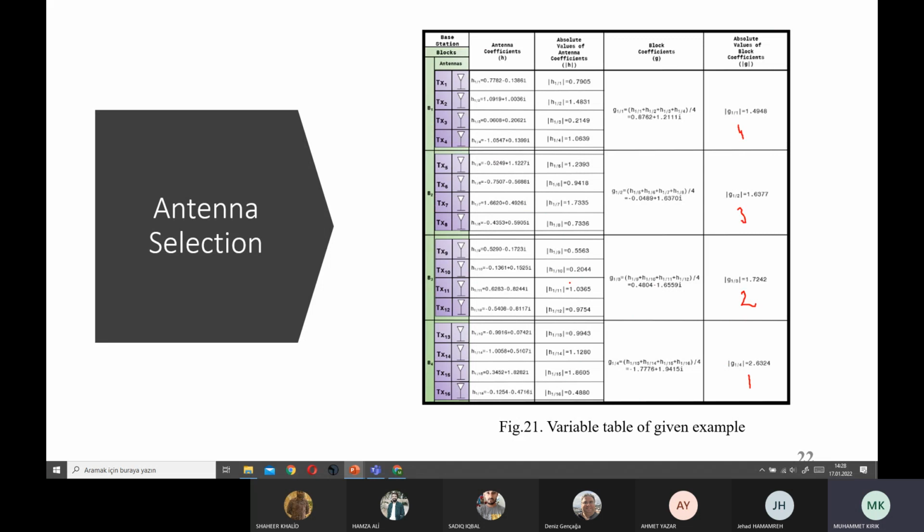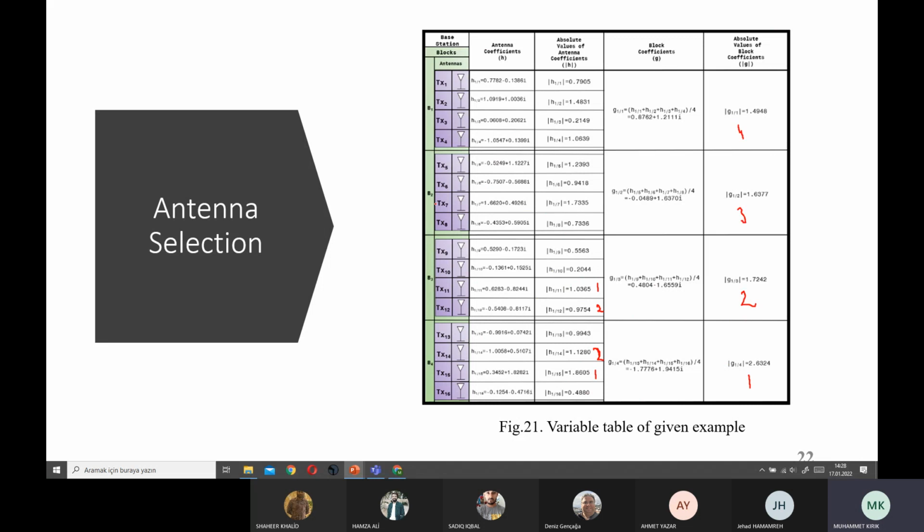And when we look inside each of the blocks, we can see that the highest channel coefficient of an antenna is the T14 in the B4, T15, and we have the T14. And when we do the same thing for the B3, we can see that we have the T11 and T12.